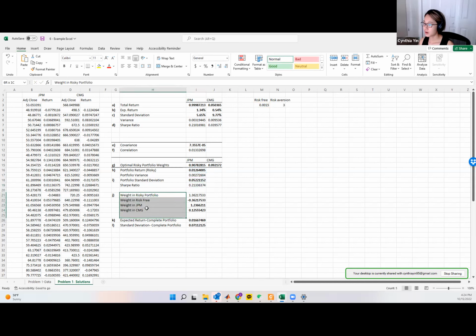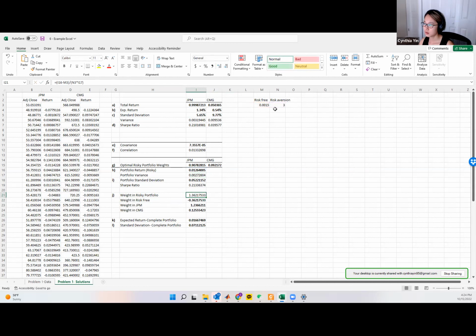And this part is showing you how to find the place on the optimal CAL, because in the original question, it gives you the risk aversion. So by having the risk aversion and the risk-free rate, you're able to find your location on the optimal CAL. Here, the weight in the risky portfolio will follow the formula we covered in class: expected return minus risk-free rate as the numerator, and the denominator is the portfolio variance times risk aversion.